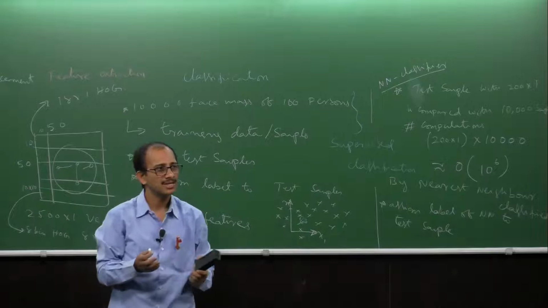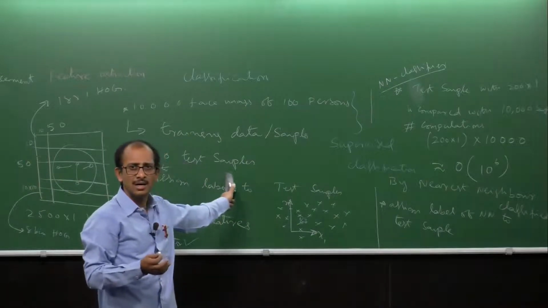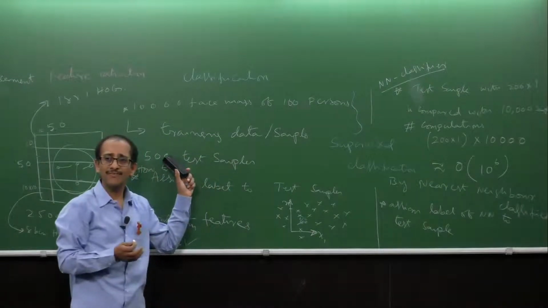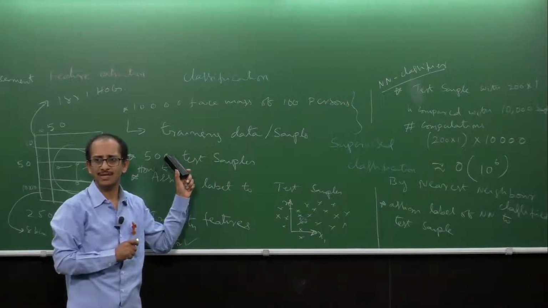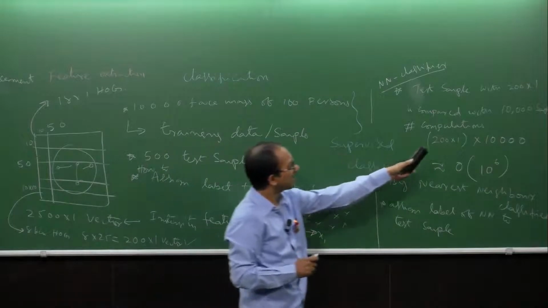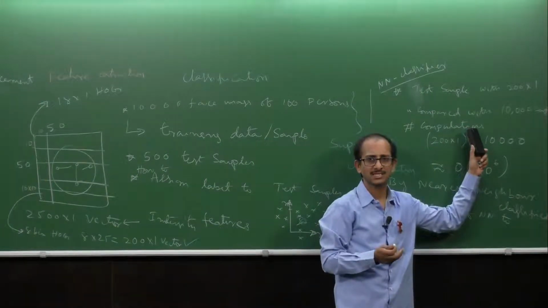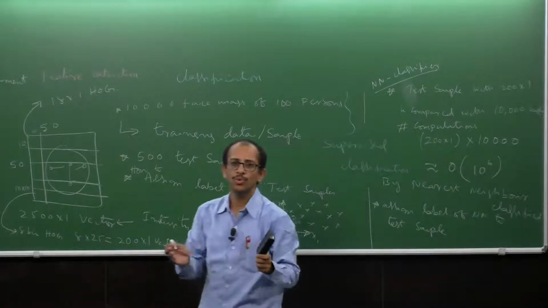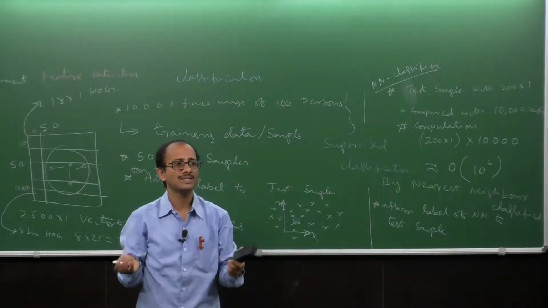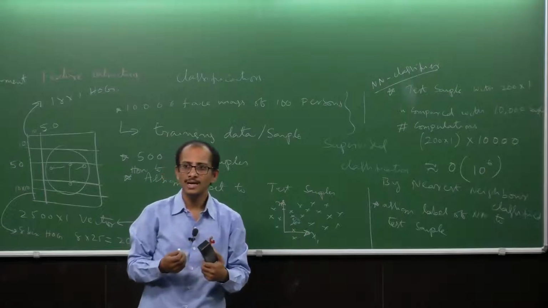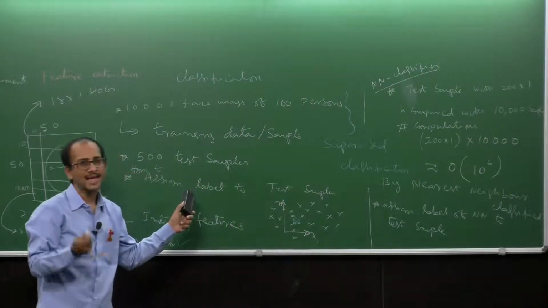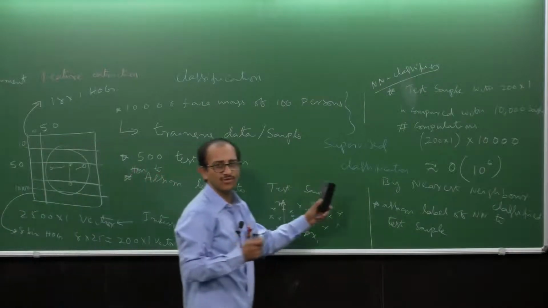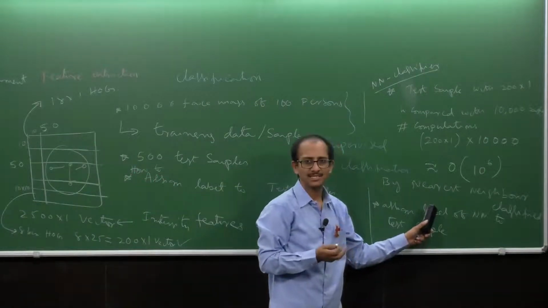It is not dependent only on the number of test samples I want to classify; it depends more on the number of training samples and the feature vector. So it is not very welcome for testing at large scale, and there is no learning happening. This is, in some sense, a basic approach for assigning a label to a test sample.